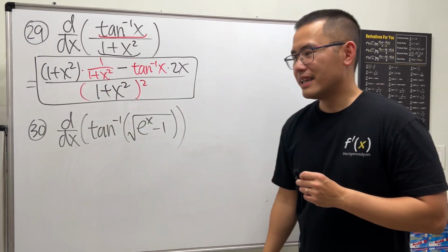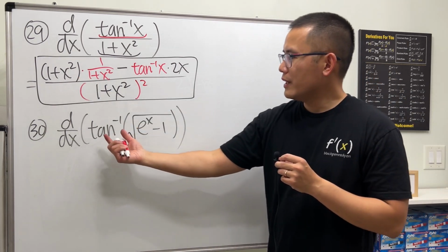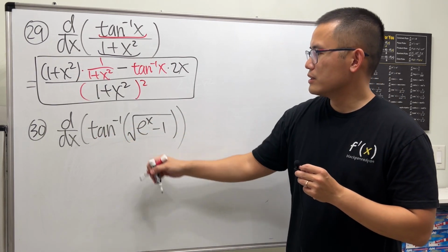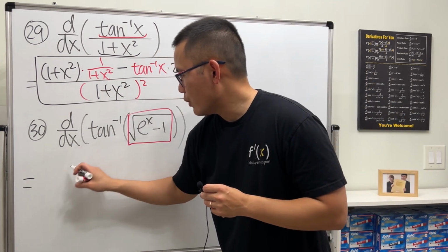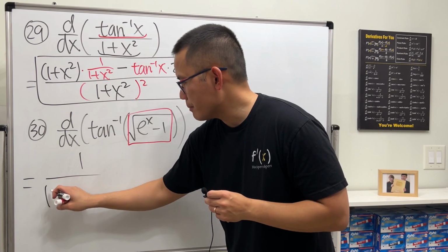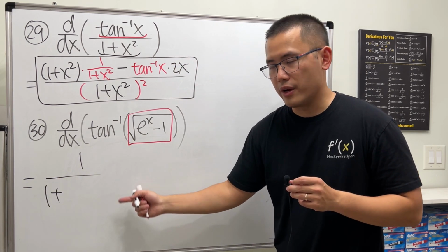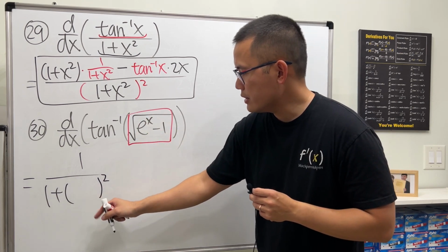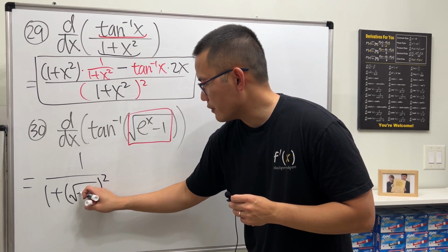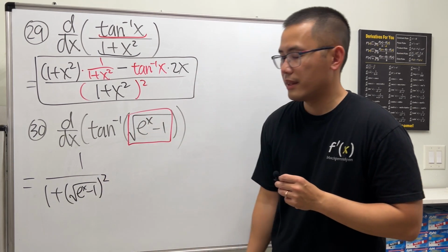And now, for the last one, we have inverse tangent of this thing, so inverse tangent of a box. So first we have 1 over 1 plus the box squared, and I'm going to put down parentheses squared. This right here goes inside, so square root of e to the x minus 1.